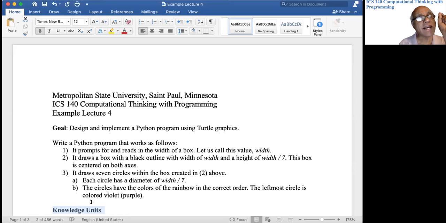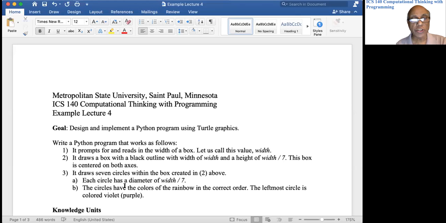So what is that kind of a knowledge? The second thing is related to turtle graphics. Do you know enough about turtle graphics? How to draw circles, how to draw a box, how to fill a circle, how to change colors, what you mean by origin, how do you go to a certain point, all those kinds of things.